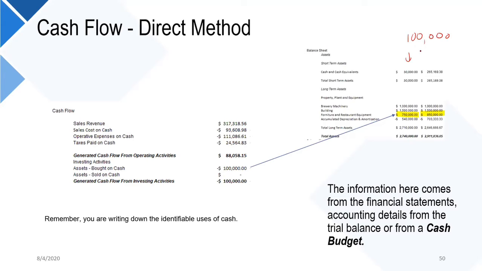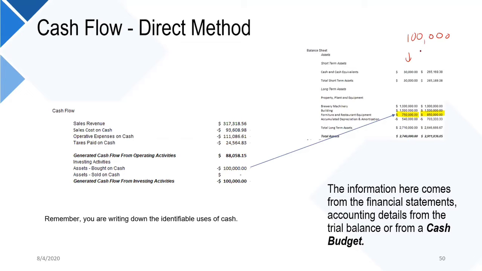So if you don't have a balance sheet, how will you build this part of the direct cash flow? You look at the capital expenditure or investment budget, and inside that budget, you will see where, when, and for how much you made the investment on assets during the previous year or previous quarter or whatever time frame you are analyzing.